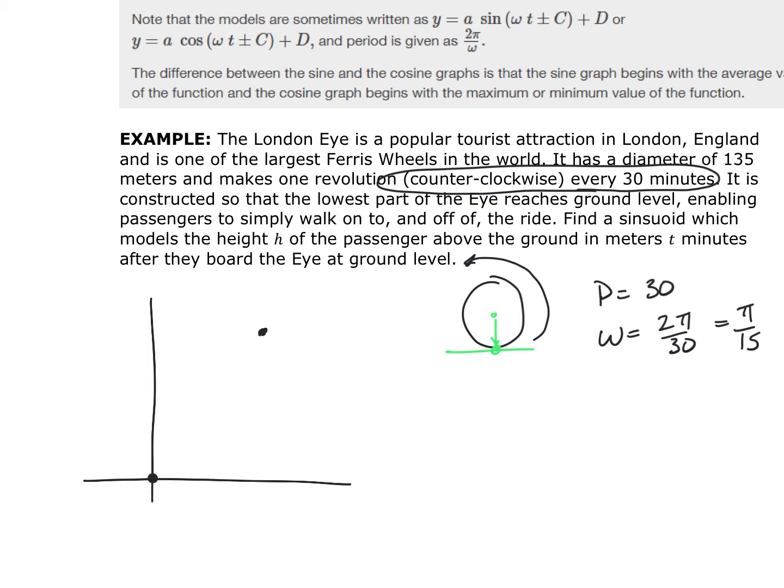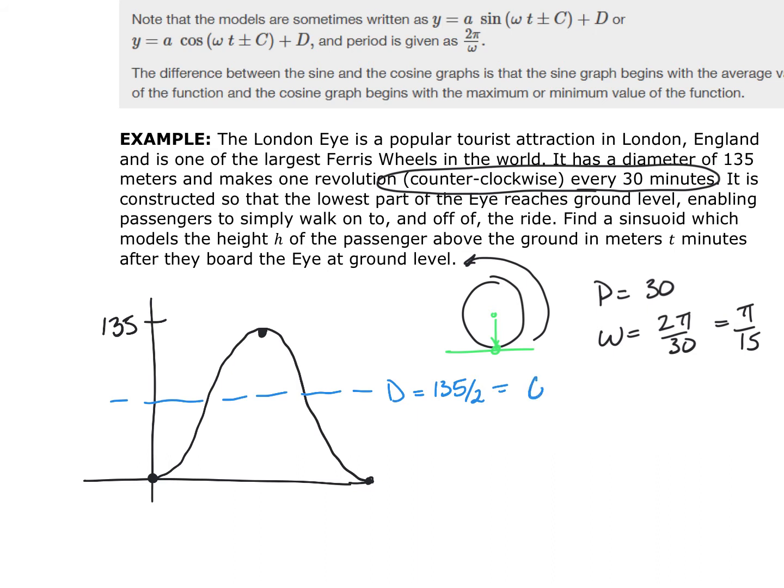My maximum would be at the diameter, which is 135, and then I'd be back down here, assuming I get on the platform at 0 time and it's going to come down and look like that. So I find my midline because that will be my d. This is going to be equal to 135 divided by 2, because I have the diameter, which means I must want the radius. And I get that to be 67.5.